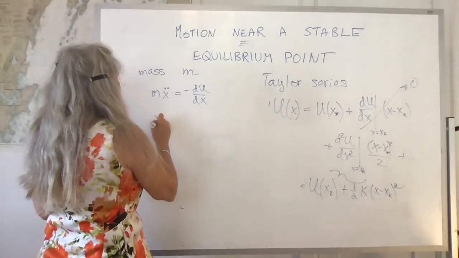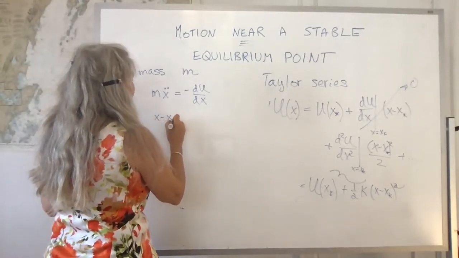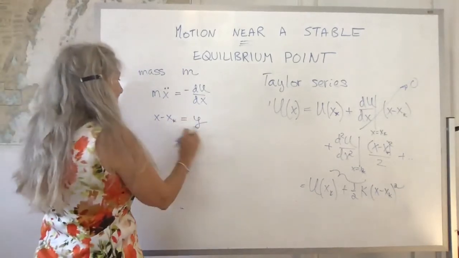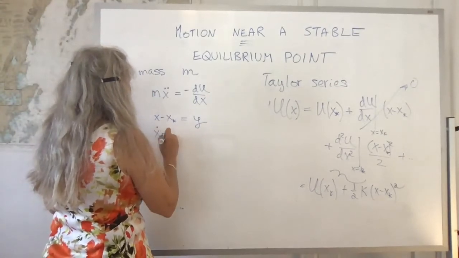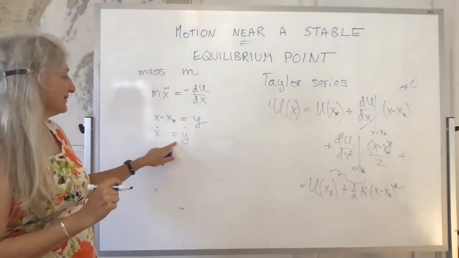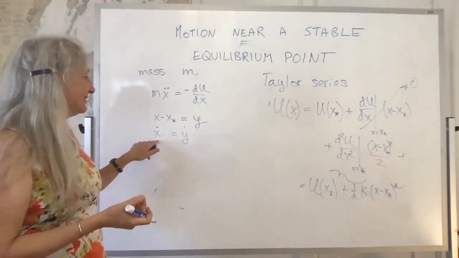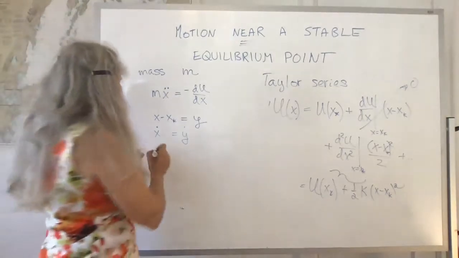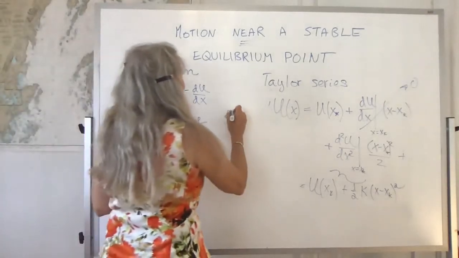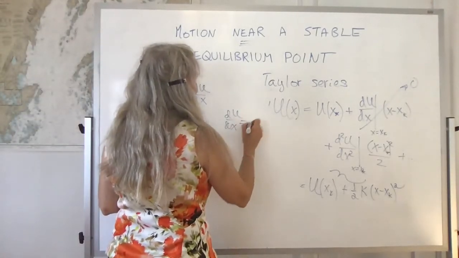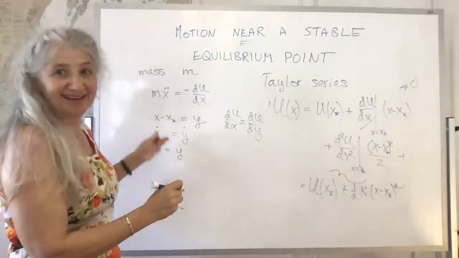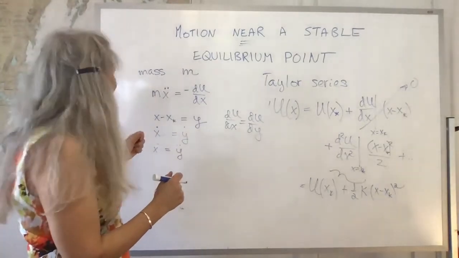So let's define x minus x star to be some new variable y. And I can take the first derivative of this. If I do this coordinate transformation, my equilibrium condition doesn't change, but I can also say dU/dx is equal to dU/dy, because they're only different by a constant, so it won't really make any difference.